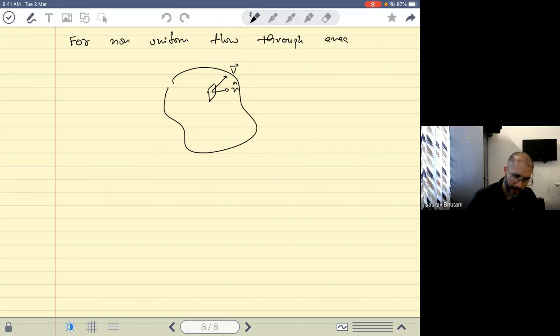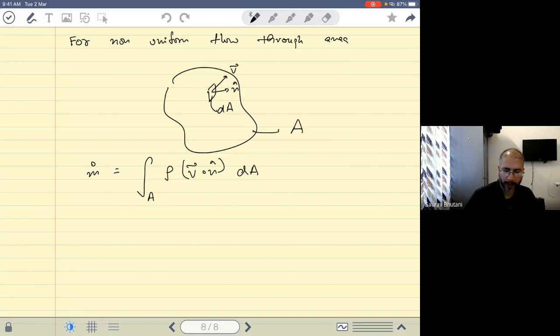So for that, I'll have to integrate. So the mass flow rate is going to be an integral over the area A, and then I have to take rho times V dot n for this small area, because this is your dA, and the total area is A.